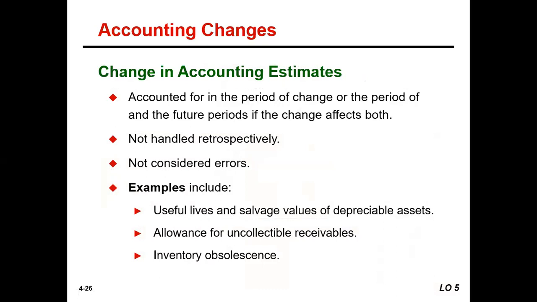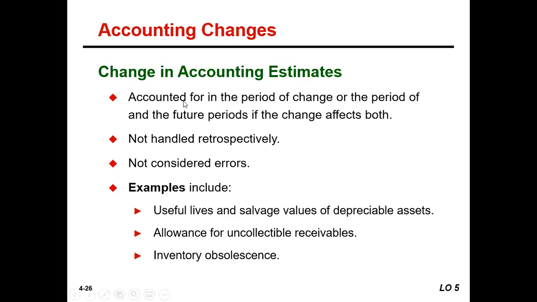We estimate salvage value, the allowance for uncollectible accounts, and inventory obsolescence. When we need to make adjustments to these estimations, we do not have to go back to prior years. We don't have to adjust retained earnings retrospectively. We just make the adjustments in the current period and future periods if the change affects both.